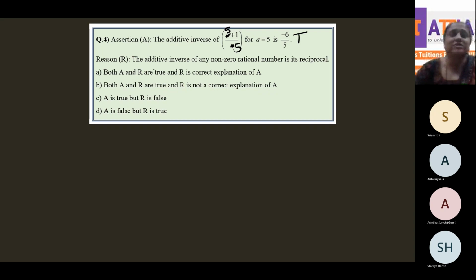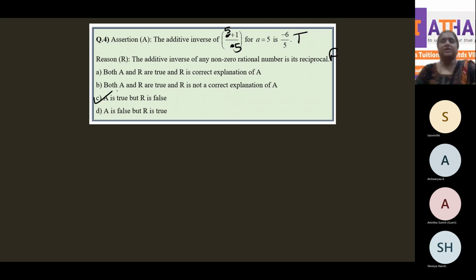For additive inverse, did you take the reciprocal in assertion? No, you just change the sign. So the correct statement is the additive inverse of any rational number is its negative, not reciprocal. So this is false. So assertion is true, reason is false.